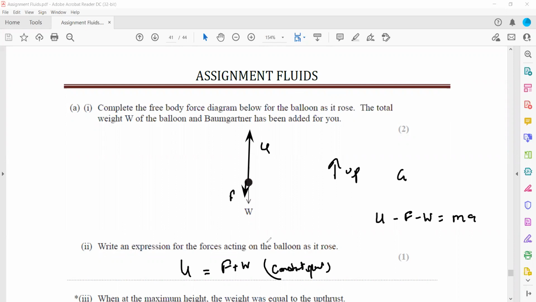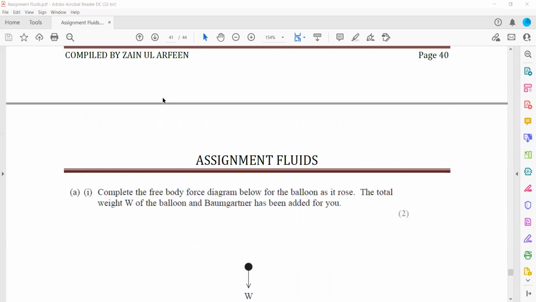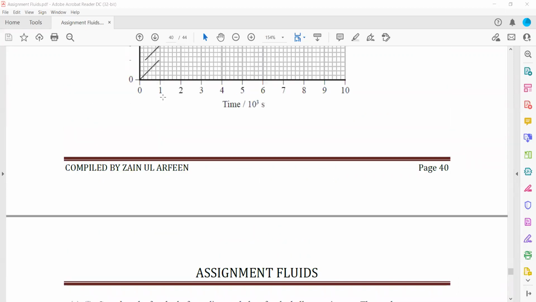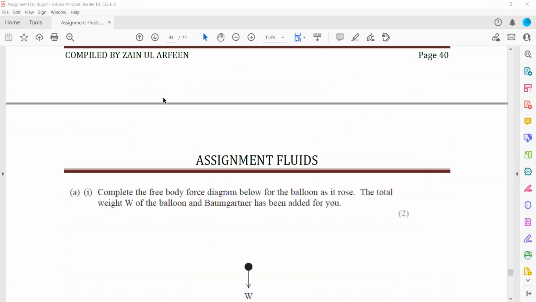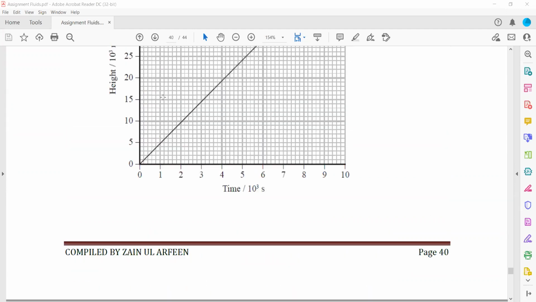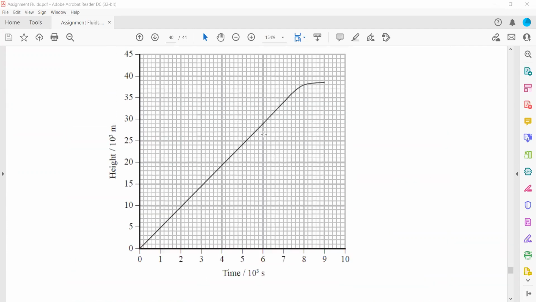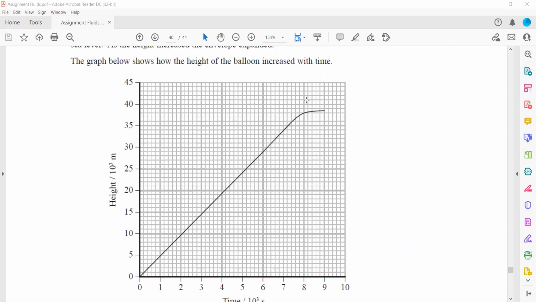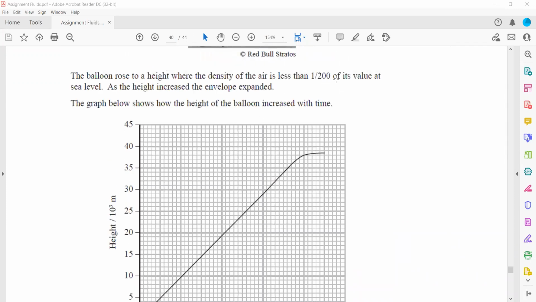So in the question, as you can see, a balloon rose. This is how the balloon is rising, and then you can see it reaches about a constant height.